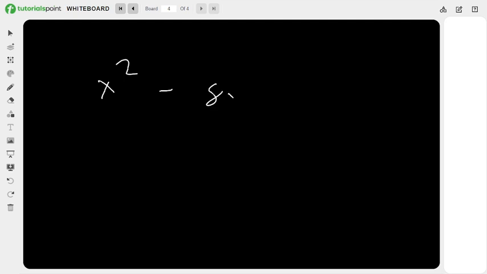I'm sorry, I keep being very indecisive about the problems I want to do. We have x squared minus 8x plus 15, and we're just going to assume this is equal to 0. So we're going to look at our a. Our a is equal to 1. So good, we'll be able to use this method that we're about to learn. And we're going to look at our b and our c. So negative 8 is our b, and our c is 15.